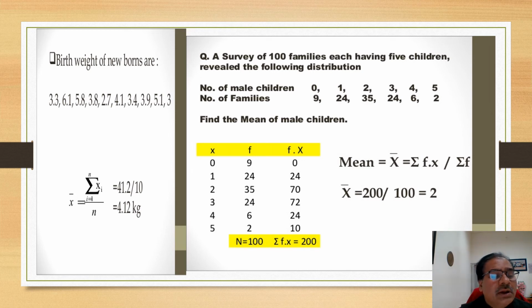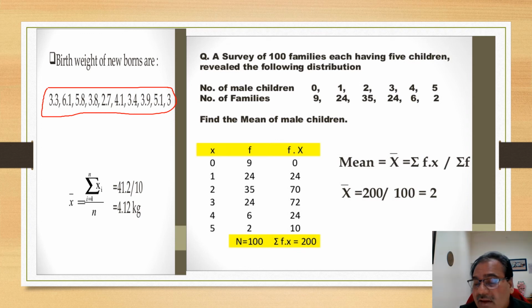For example, take the birth weight of newborn babies in kg: 3.3, 6.1, 5.8, 3.8, 2.7, 4.1, 3.4, 3.9, 5.1 and 3. You sum and divide by 10, since observations are 10, and that is 4.12 kg. This is the mean birth weight of a newborn baby.